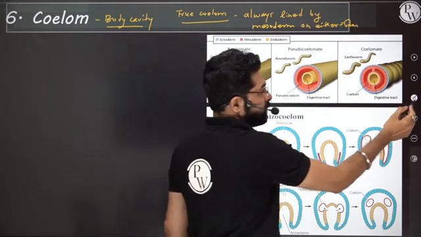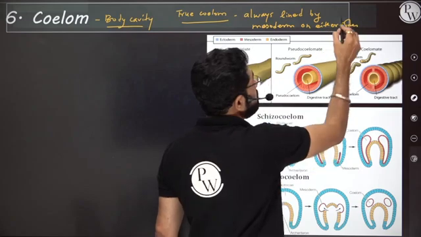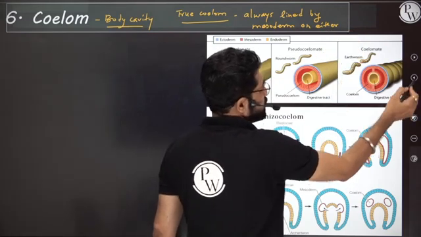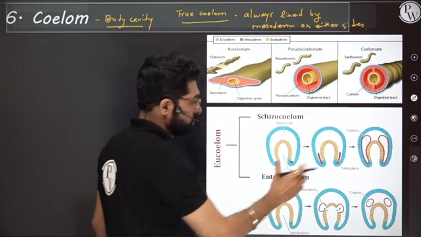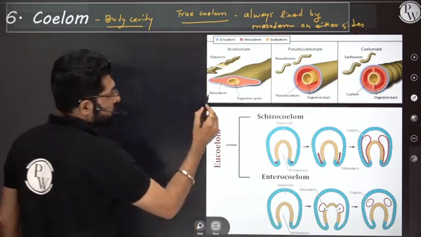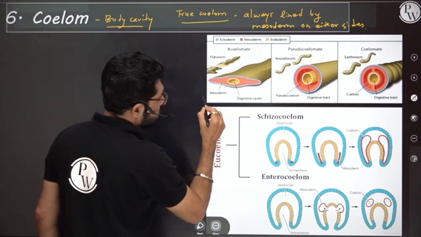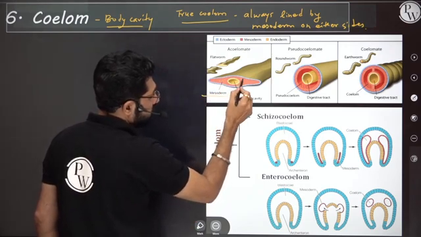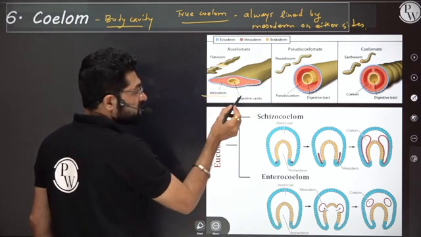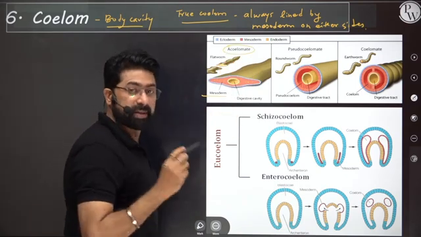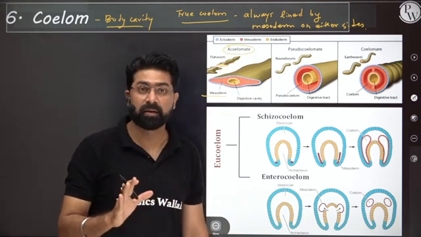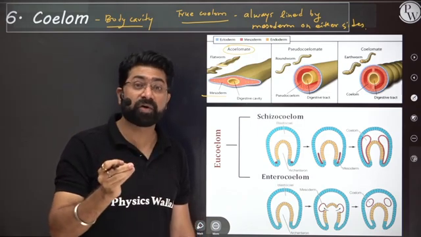So it is lined by mesoderm on either side. Let's see how. Here you see this particular layer called mesoderm. But still you can see the organism is acoelomate, which means it doesn't have a coelom in spite of having mesoderm.